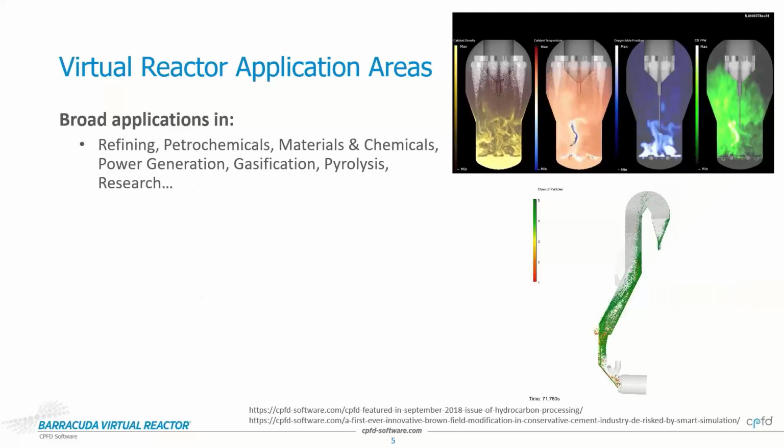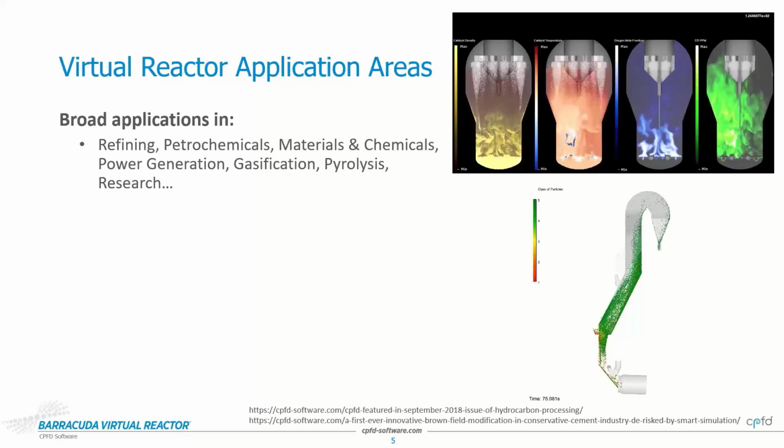It's used in a variety of industries, with broad applications across refining, petrochemicals, materials, gasification, pyrolysis, and on down the list. A couple of brief examples of typical use cases. On the upper right, I'm showing an FCC regenerator, taken from the Geelong refinery in Australia, where they had an issue that was limiting throughput, costing them tens of thousands of dollars per day.